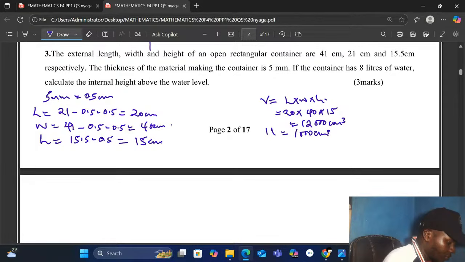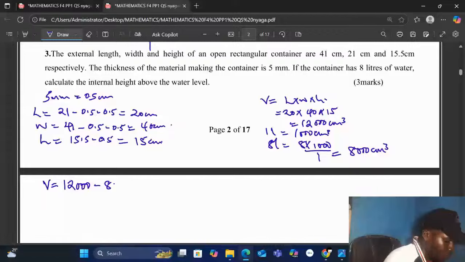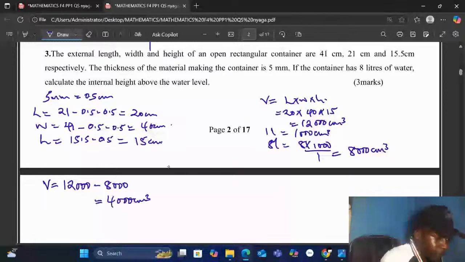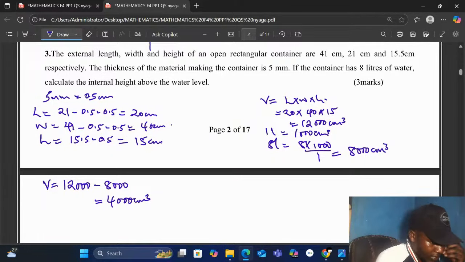Therefore, what about the 8 liters? The 8 liters will be 8 times 1,000, and we shall have 4,000 cubic centimeters. That is now the volume occupied by 8 liters of water.